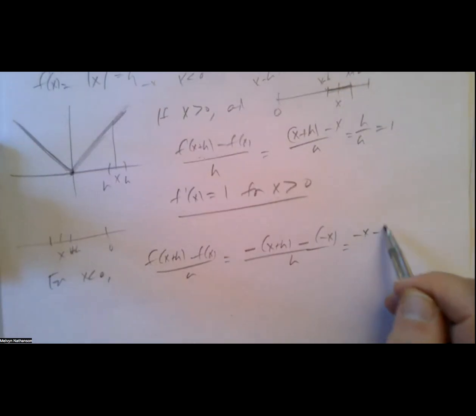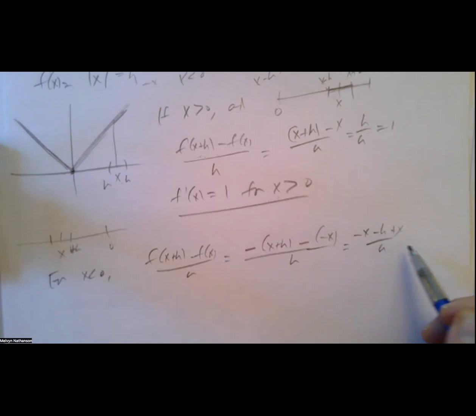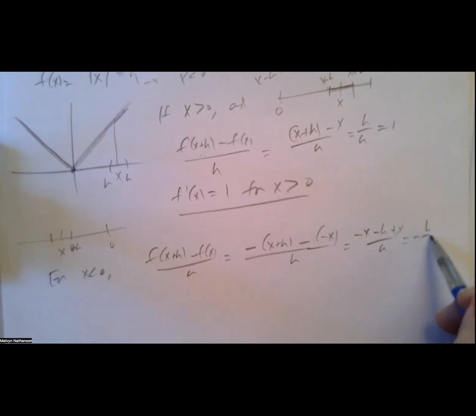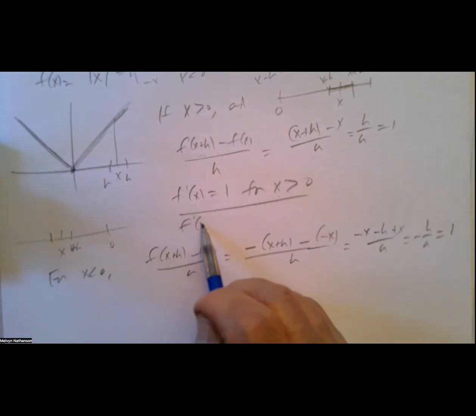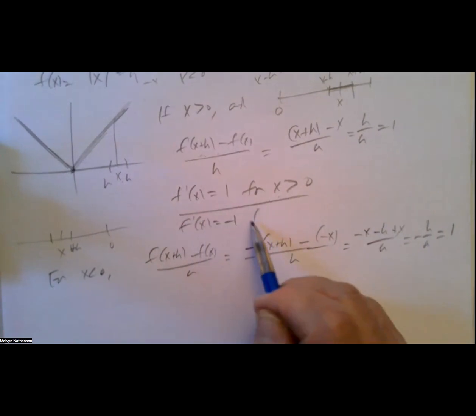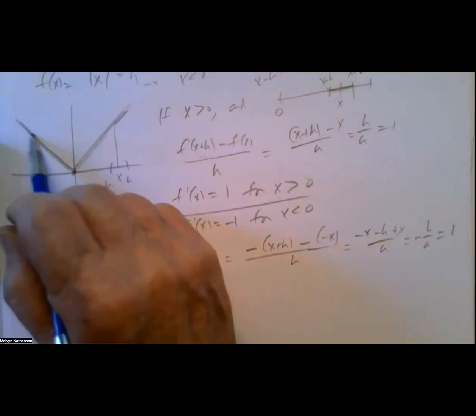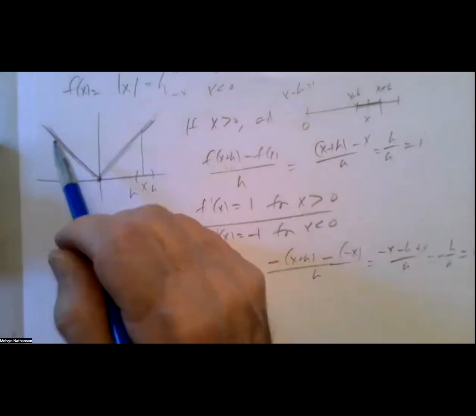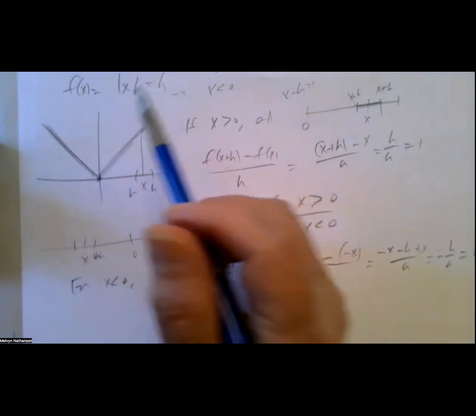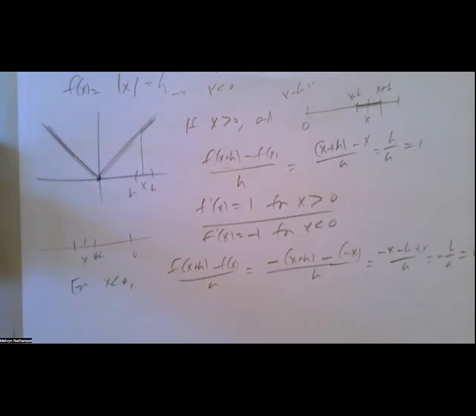This is minus x minus h plus x over h. The x's cancel, you get minus h over h and minus 1. So f prime of x is minus 1 for x less than 0. So for x less than 0, slope is minus 1. So for this function, the derivative is 1 when x is positive and minus 1 when x is negative.